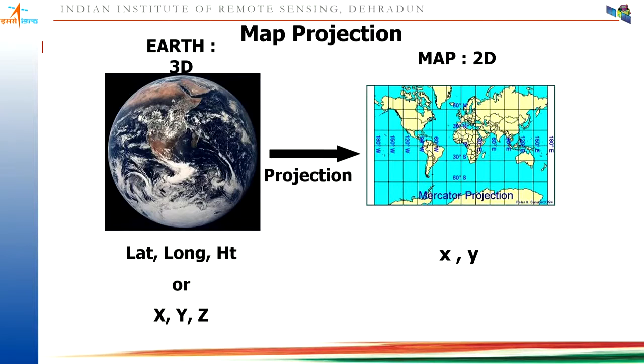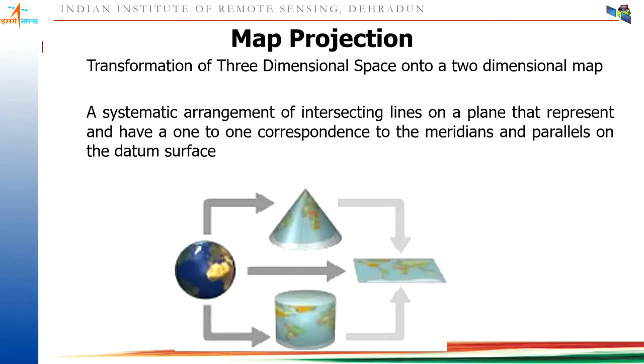In map projection, there are various techniques to convert from the earth's surface to the two-dimensional map. We will discuss some of the techniques with examples. So the transformation of three-dimensional space onto a two-dimensional map is a systematic arrangement of intersecting lines on a plane that represent, and have a one-to-one correspondence to, the meridians and the parallels on the datum surface.